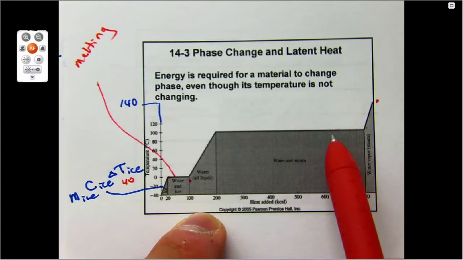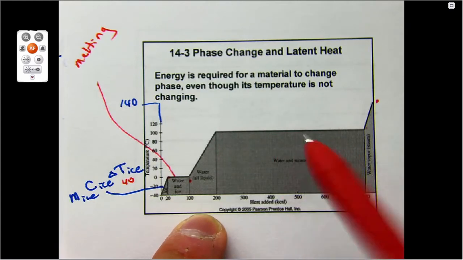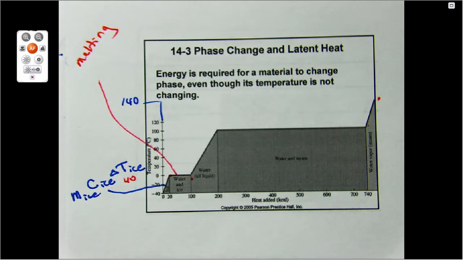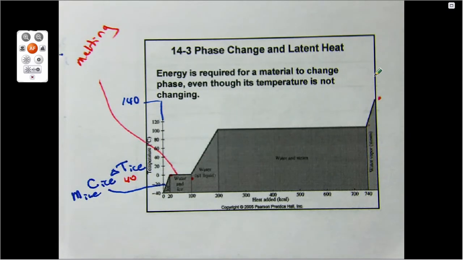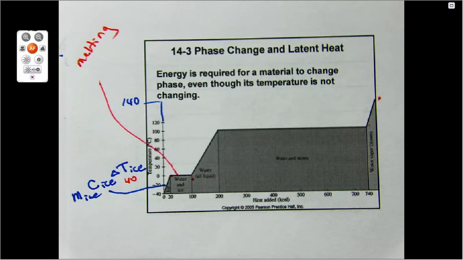The temperature doesn't change when you boil water. So here's a question. You have boiling water on the stove. You let it boil another 10 minutes, it's hotter, right? No, it's the same temperature. It stays the same temperature, correct? If it's boiling, it should be 100, no matter what.